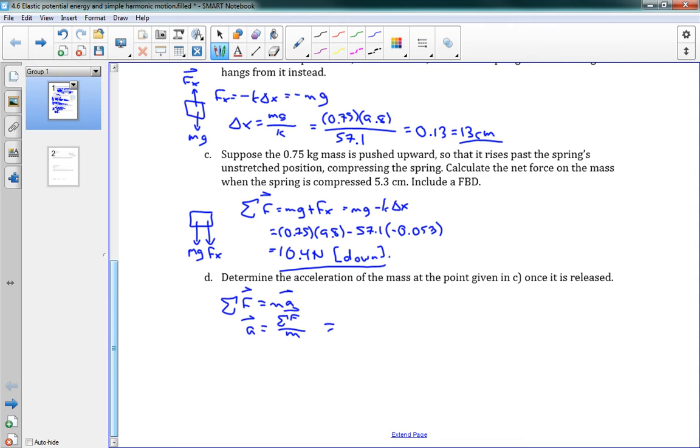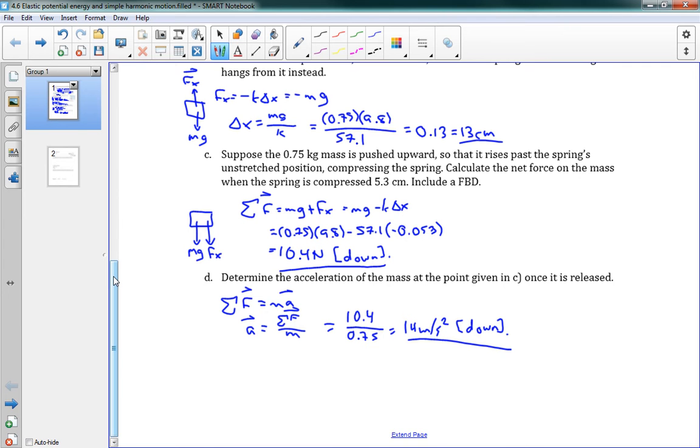And this is a pretty easy one. 10.4 newtons over our mass, which is 0.75. And that gives us 14 meters per second squared down. And there we go. That is our solution.